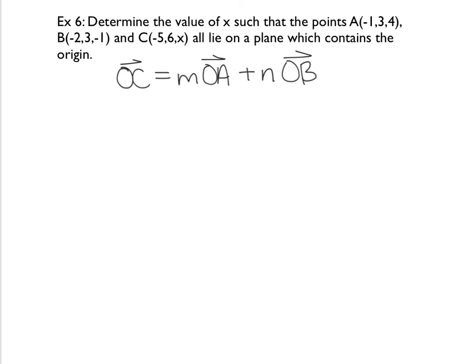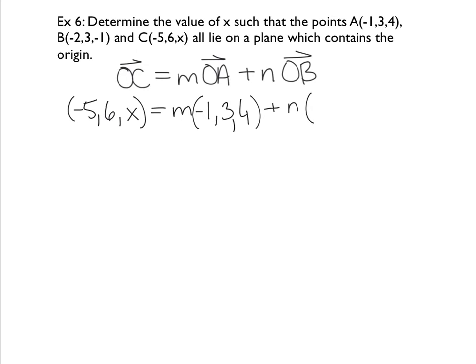And then now to fill in your values, vector OC is just negative 5, 6, x, and x is what we're looking for. Your scalar m, and OA is going to be negative 1, 3, 4, plus n, and OB is going to be negative 2, 3, negative 1.